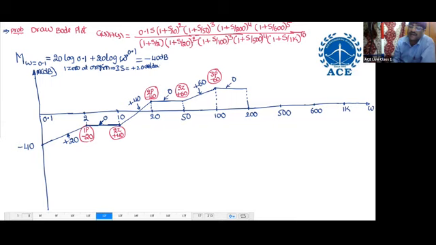So at 200 what are there? 4 zeros. 4 zeros means plus 80. Plus 80 plus 0 becomes plus 80 up to 500. So plus 80.